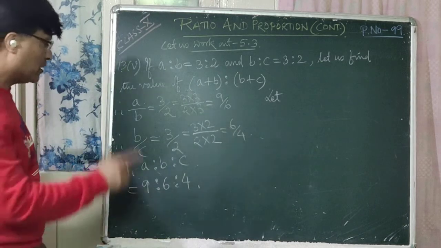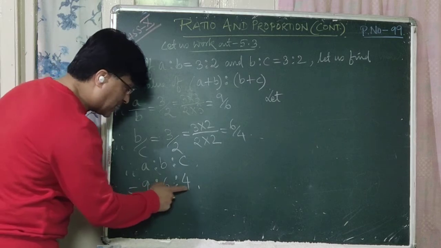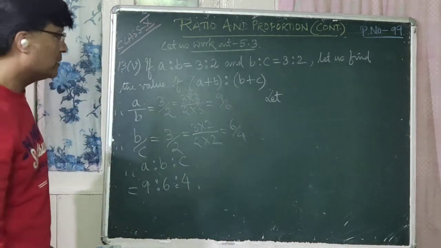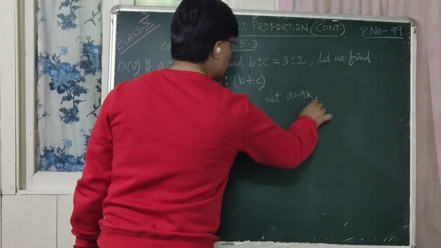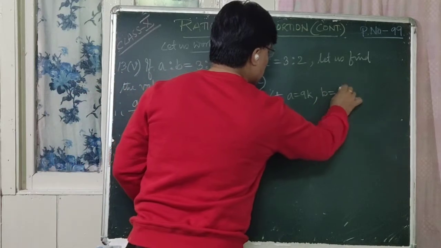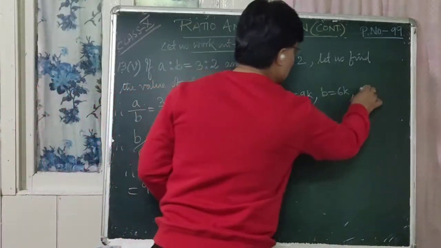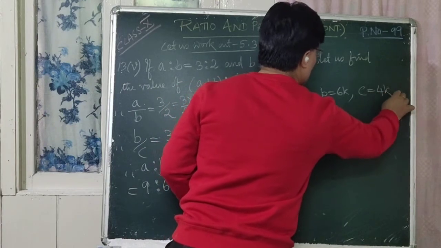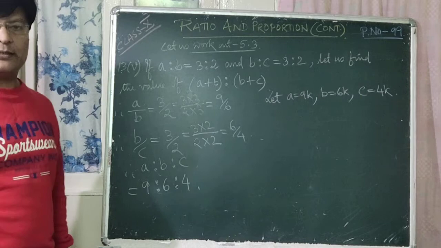Is that clear? If you multiply 9 by k, you should multiply 6 and 4 by k also. That is, here a is equal to 9k, and b is equal to 6k, right? And c is equal to 4k. So I think you have understood it.